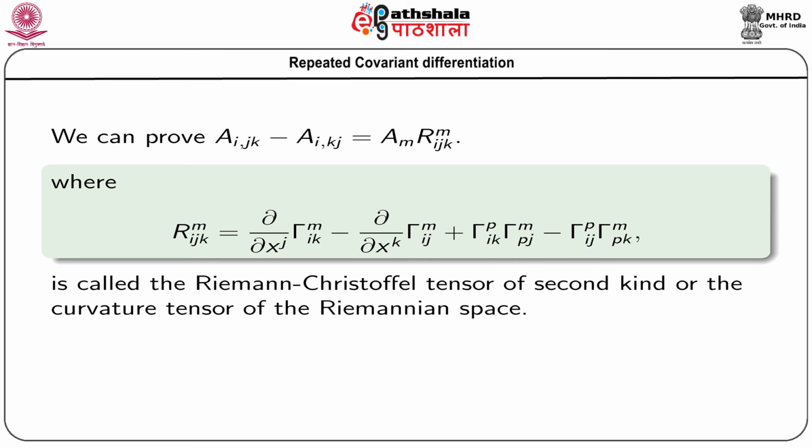This tensor is a tensor of type 1-3 and it is called the Riemann-Christoffel tensor of the second kind or the curvature tensor of the Riemannian space. So, from the second order covariant differentiation of a covariant vector, we are getting the expression for the curvature tensor of the Riemannian space.